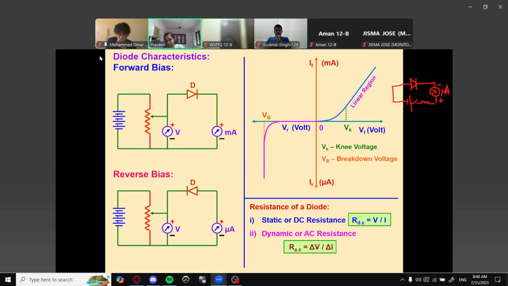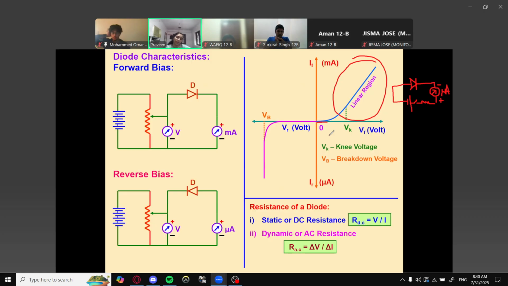So in the forward characteristics that you are seeing, you have to focus on this region. This is called the forward characteristics. You can see that for some voltage the current is zero, there is no current over here. After some voltage, current starts to flow, but it is also very feeble.